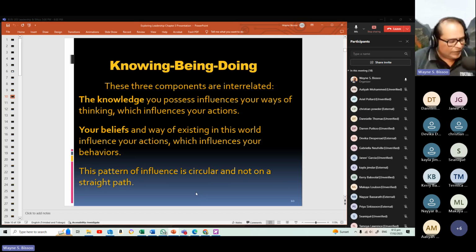So the knowing, being, doing cycle is one in which you will be constantly asked to reinvent yourself and keep on doing more and more to improve yourself.